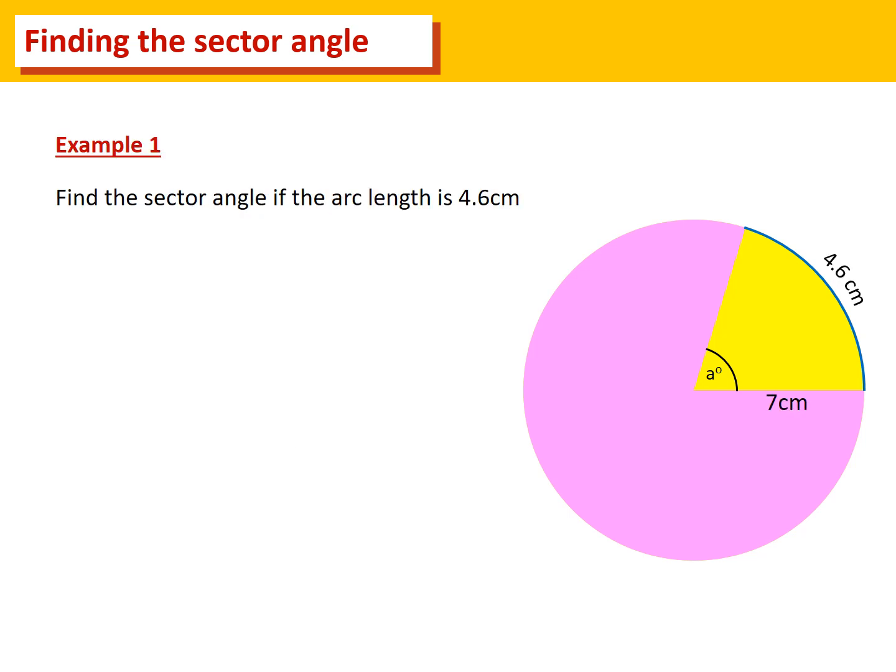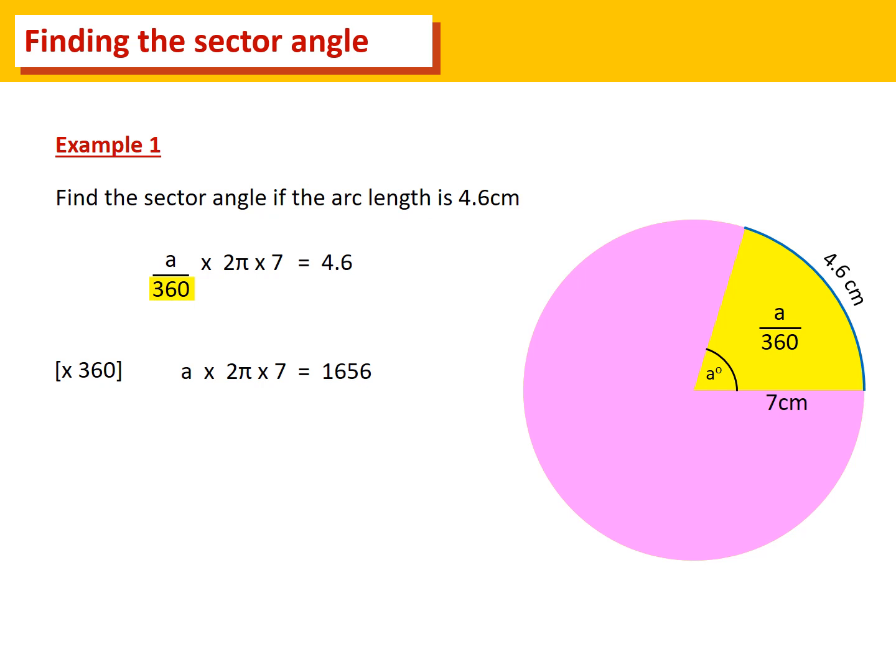So in example 1, we're given the arc length of 4.6 centimetres. What fraction of the circle is that? That's A out of 360. So A out of 360, that's a fraction of the circumference, equals the arc length of 4.6. We multiply both sides by 360. So we're left with A times 2 pi times 7.